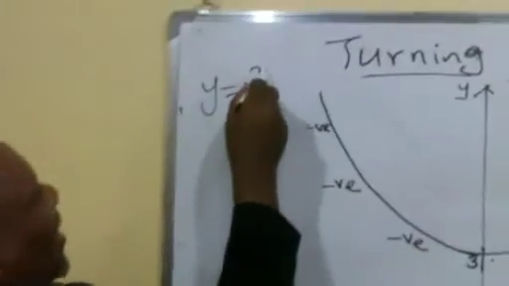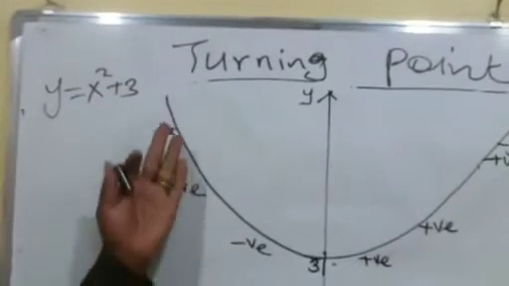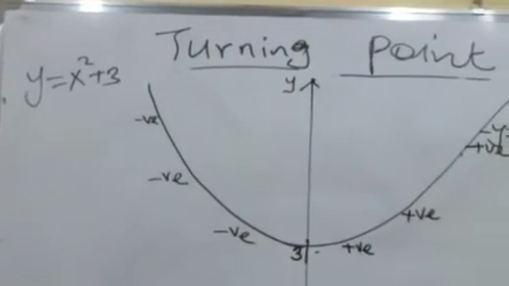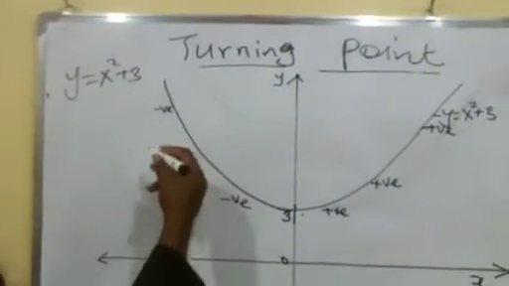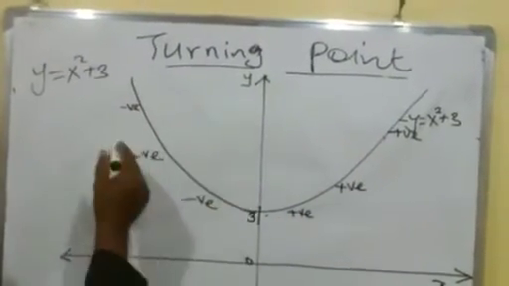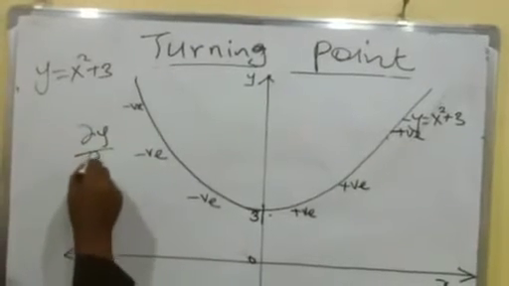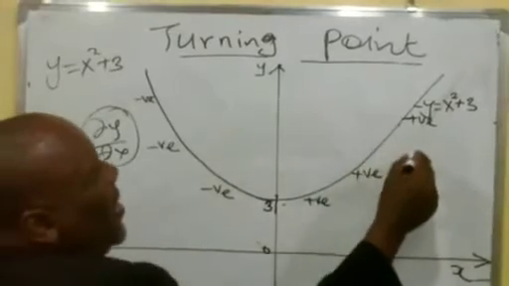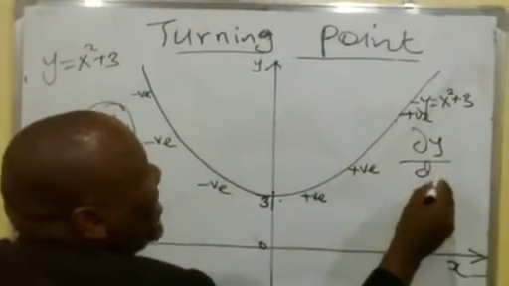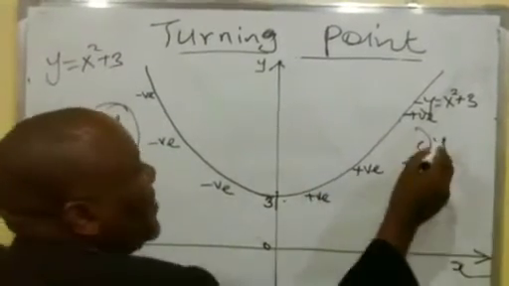The graph of the function y equals x squared plus 3 is as shown on this diagram. Now you realize that on this side, the dy/dx, or the gradient function, is negative, and when we come on this side, the dy/dx is positive.